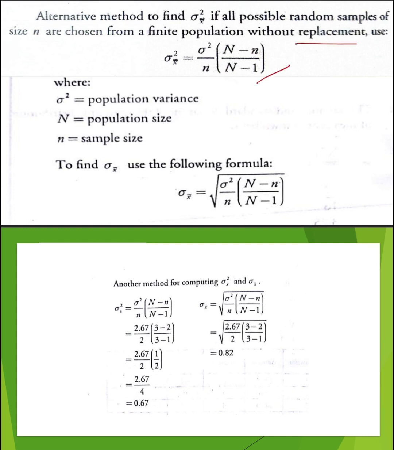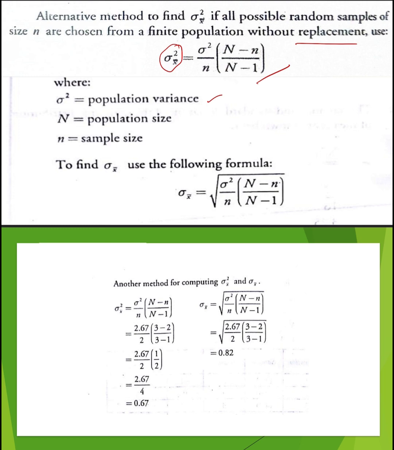Use this formula, okay, where sigma squared is equal to the population variance, capital N is the population size, small n is the sample size, and of course sigma squared sub x bar is the variance of the sampling distribution of mean. Okay, of course, to find the standard deviation, just extract the square root.